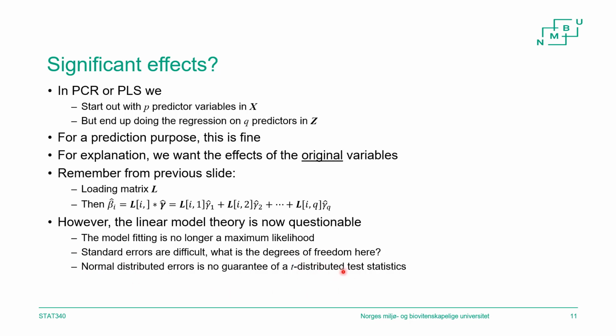But this is no longer guaranteed. So how on earth do we make significance statements? Is this estimate significantly different from 0 or not? I think there are some ways around this, more or less good.